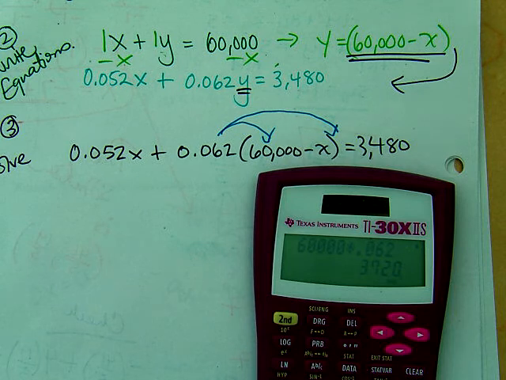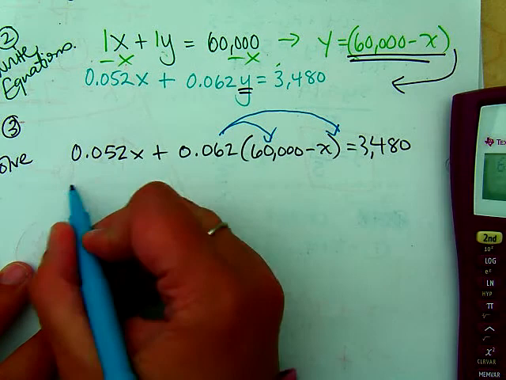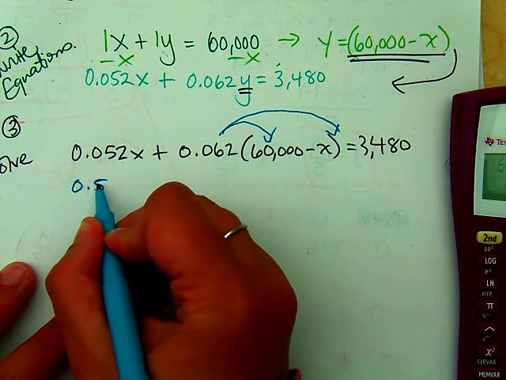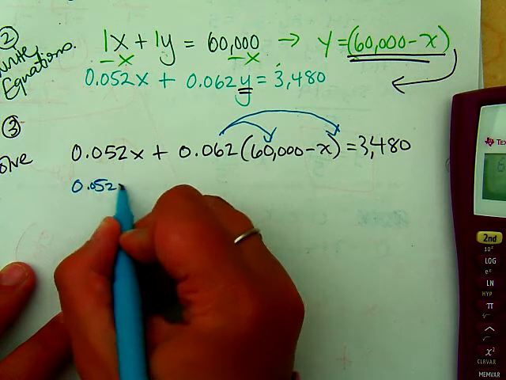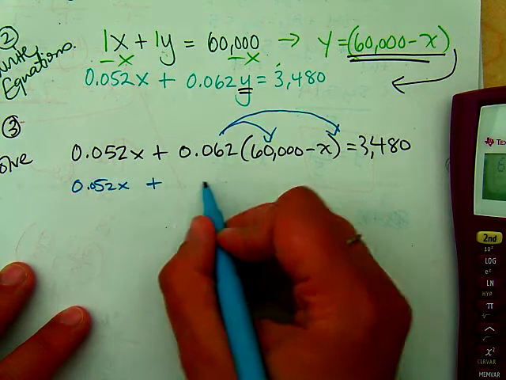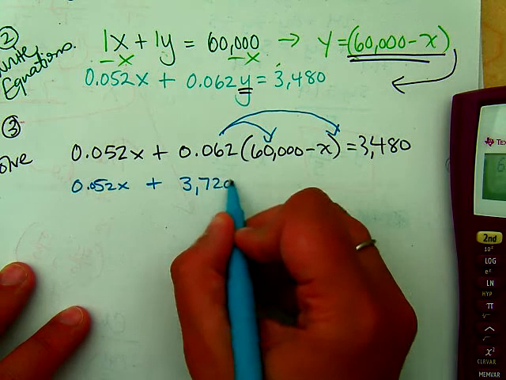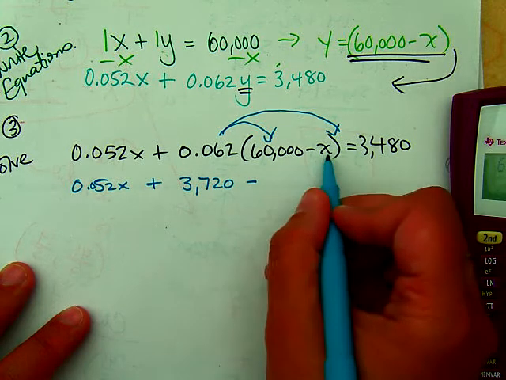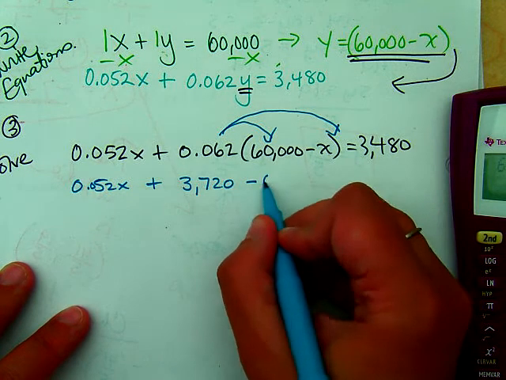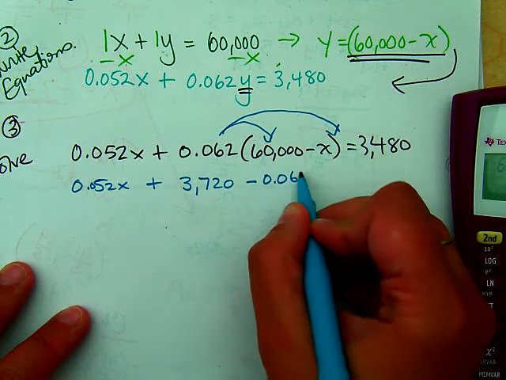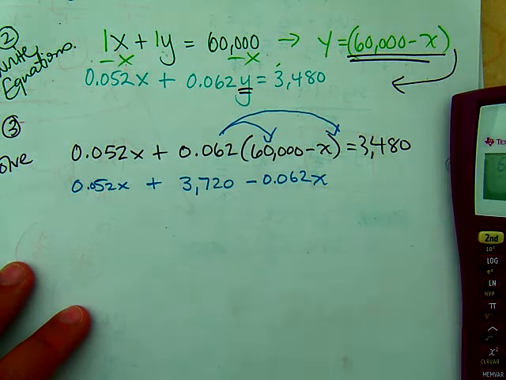That's way more interest than I earned, isn't it? So that means I didn't put all of that in the higher interest account because it was more risky, wasn't it? So here we have 0.052x plus 3,720 minus, what's the coefficient of x now? Well, if I distribute is what I meant. You see?